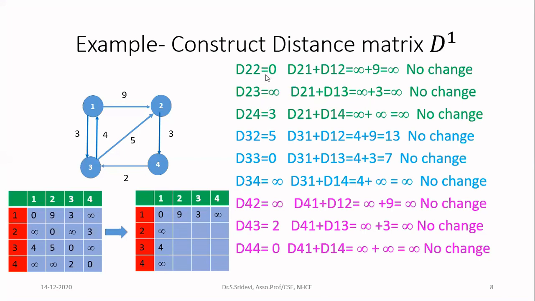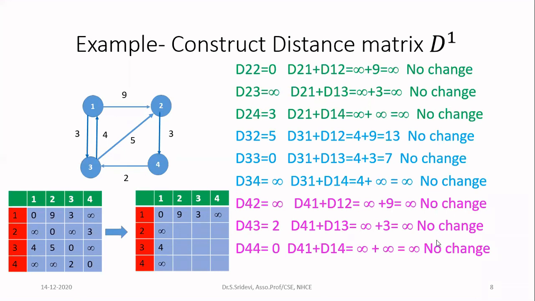Likewise, you have to do this for all the remaining cells. Remember, the first row and first column you have already copied from the previous matrix D0, so you have to compute the remaining 9 cells only. I am computing all the distances like this for the remaining cells. I observe that there is no improvement in any of the distances.